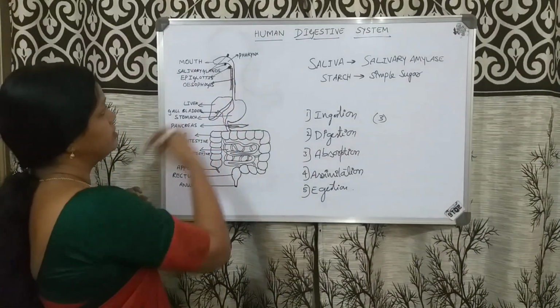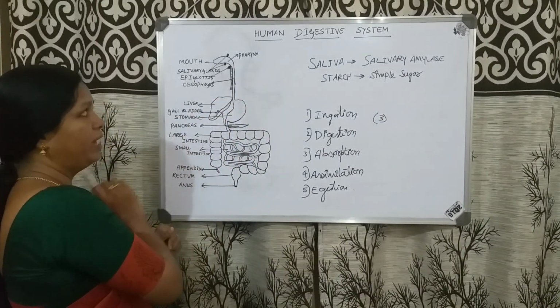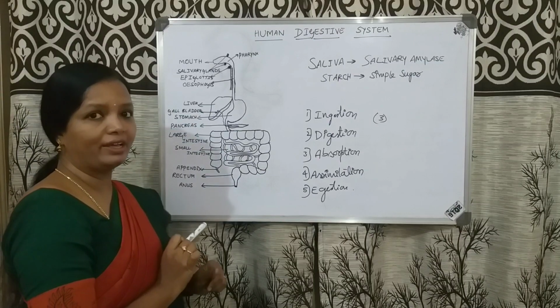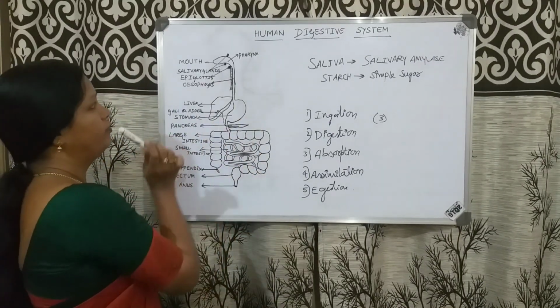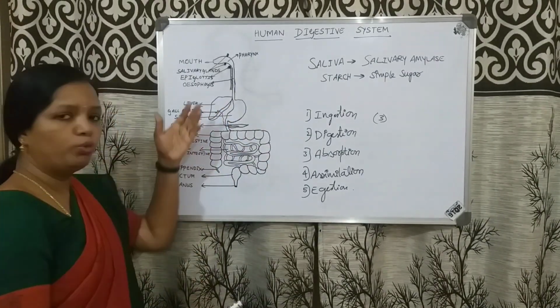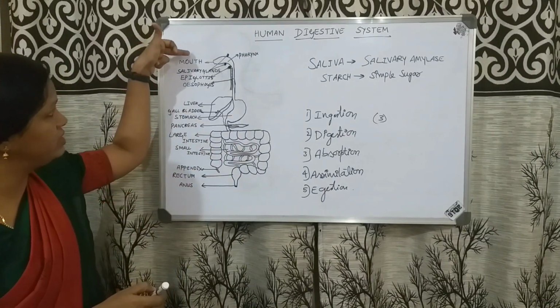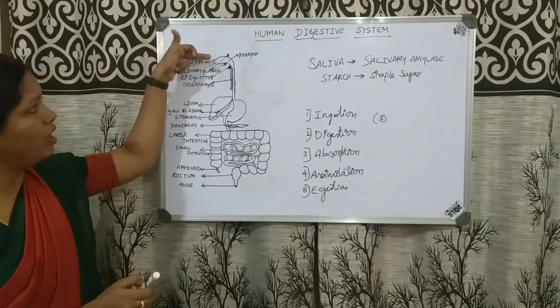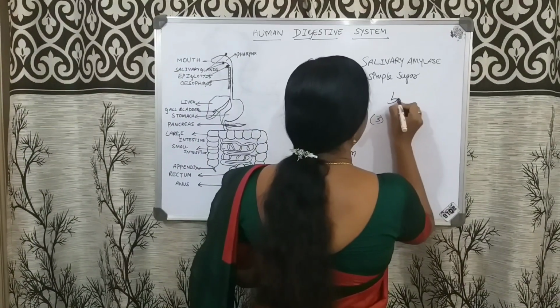Next we have the esophagus and the windpipe. The esophagus is called the food pipe. The food pipe is behind the windpipe, and the esophagus helps in the forward movement of the food. The food which is broken down into smaller molecules in the mouth is called a bolus.